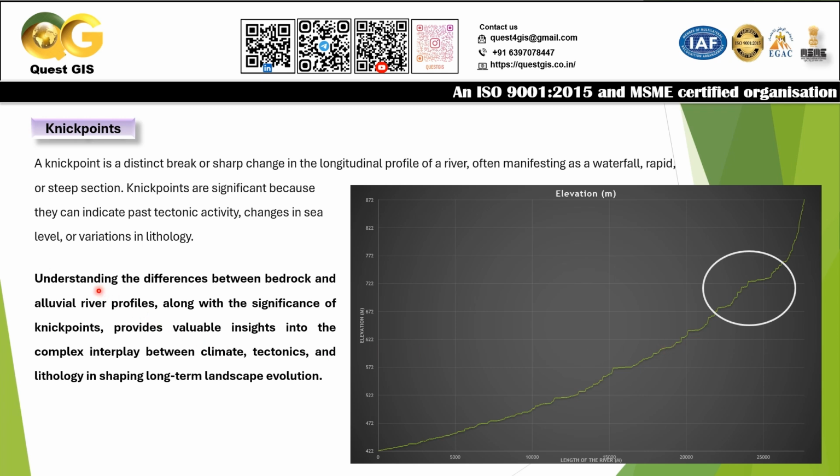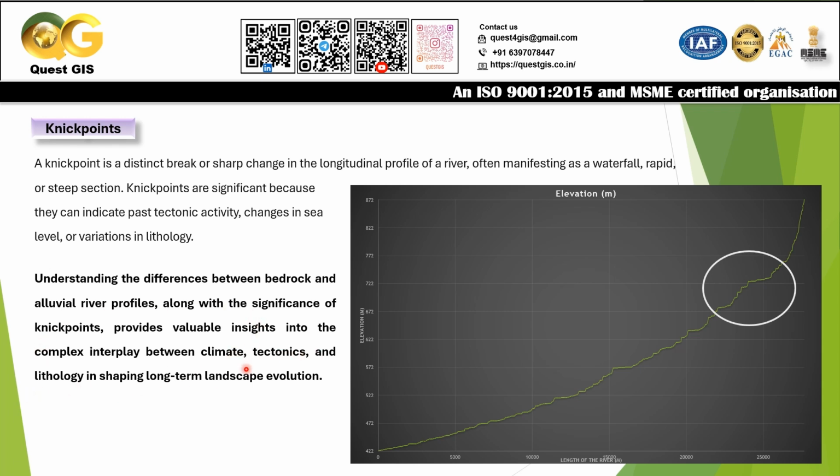Basically, understanding the difference between bedrock and alluvial river profiles, along with the significance of nick points, provides valuable insight into the complex interplay between climate, tectonics and lithology.